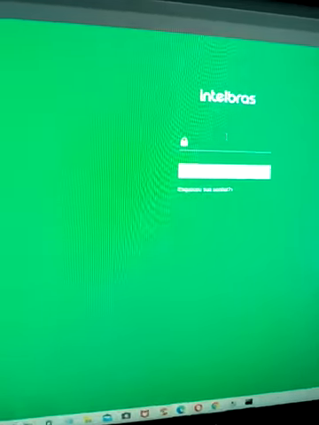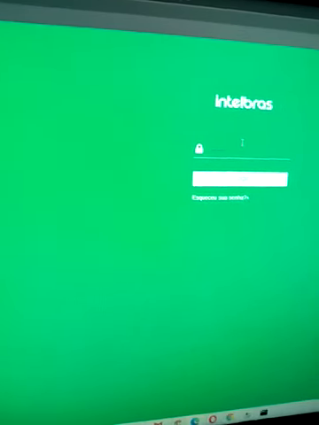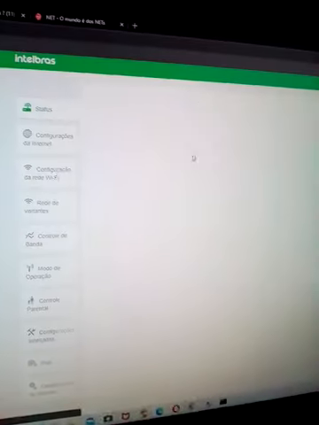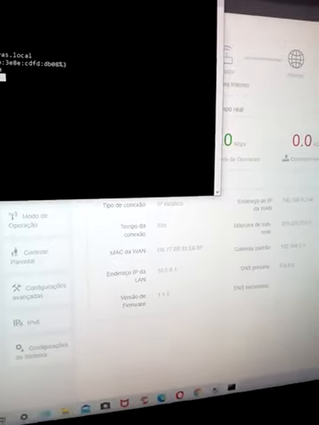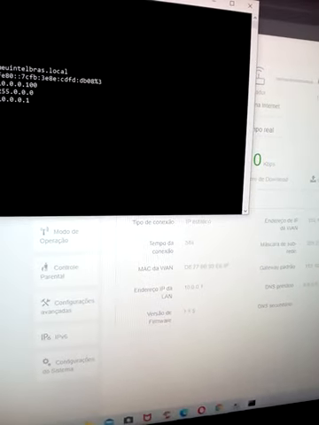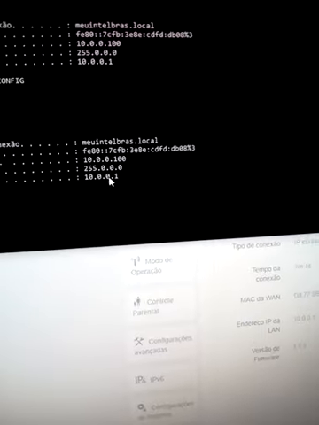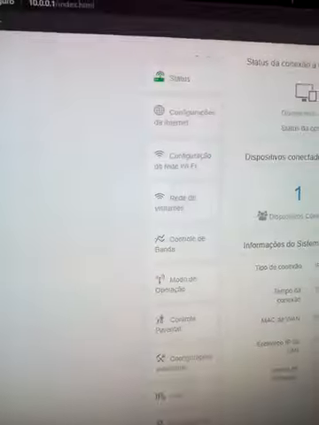It's a fact. Then we will access my modem one more time. It's presented here like this, and then I will request this information as IP. And as you can observe, it's the same thing here, not presenting the value.